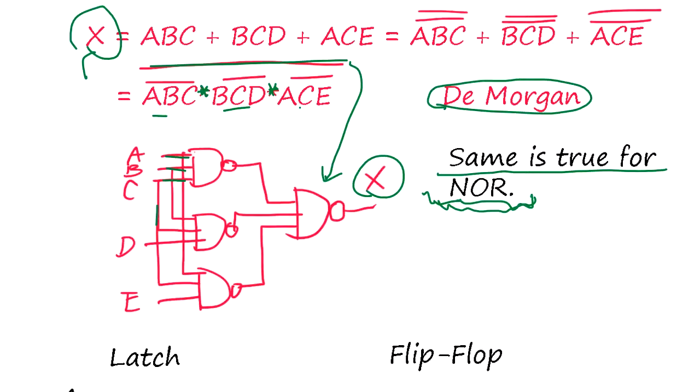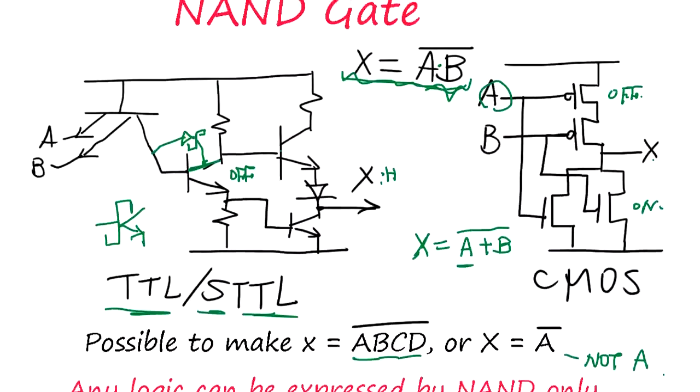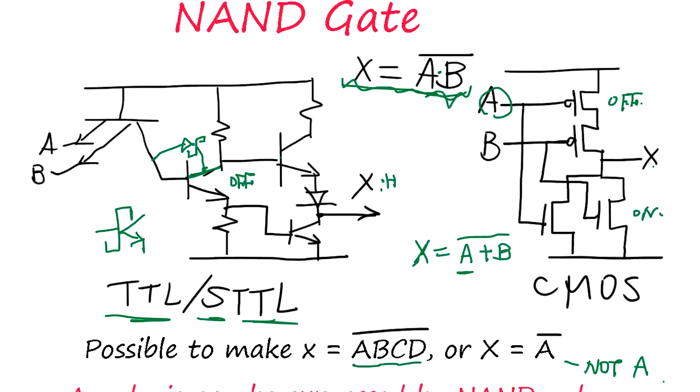So this is called the basic logic element, and you can design any kind of logic using only basic logic elements. So what we need in a digital integrated circuit design is the basic logic element like NAND or NOR.